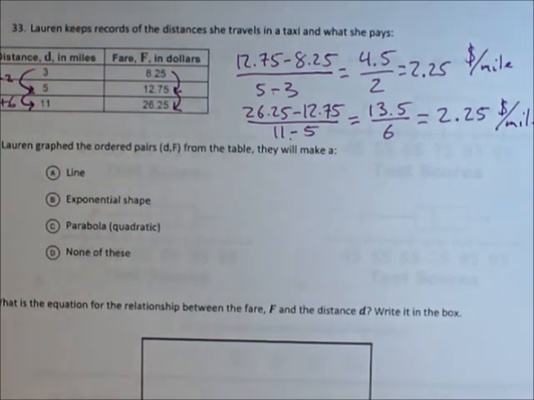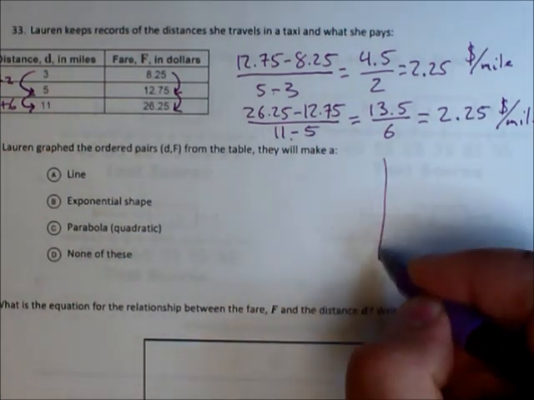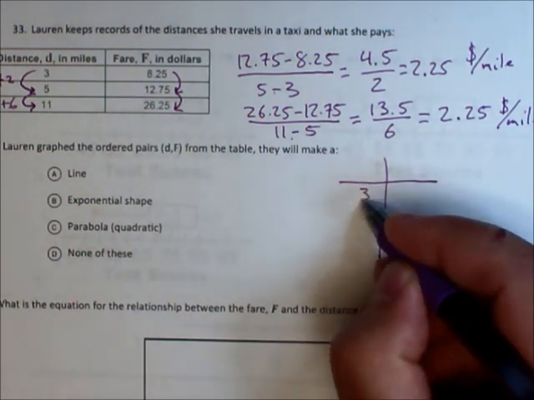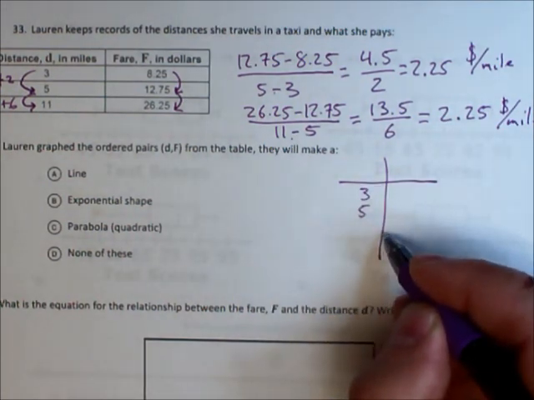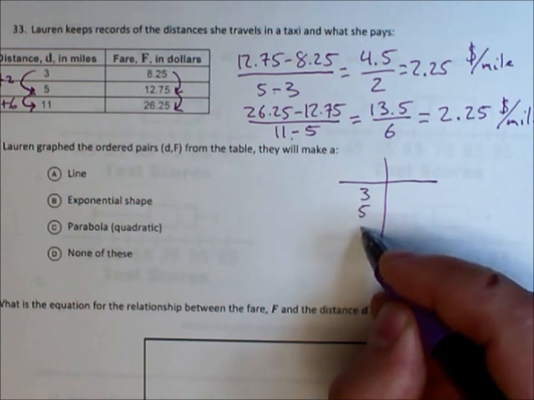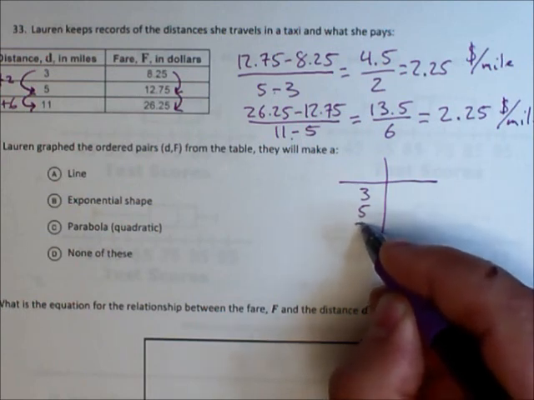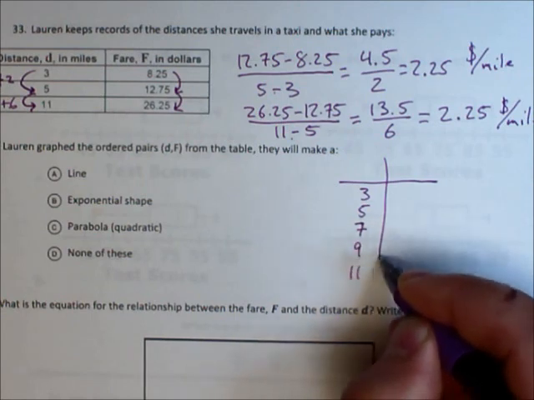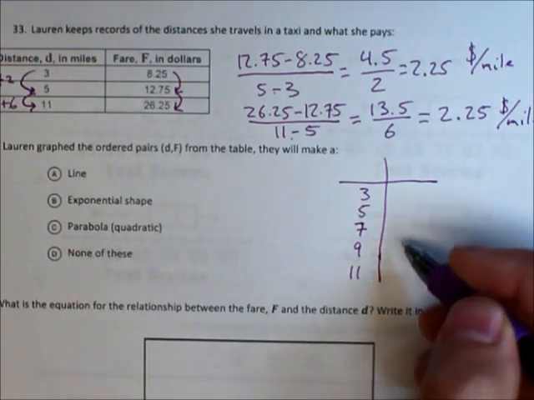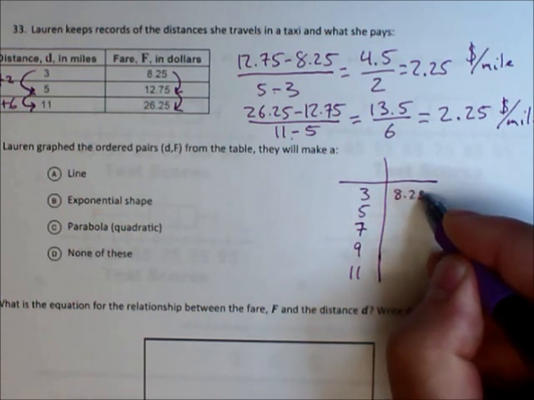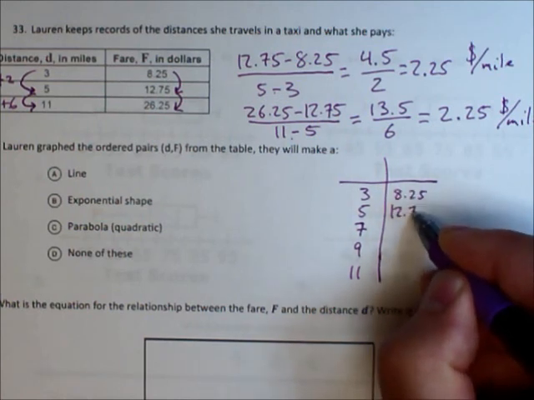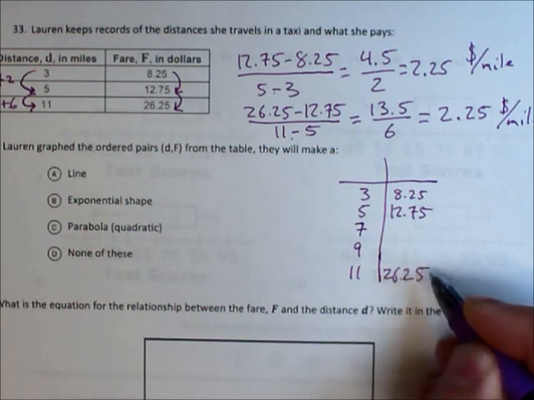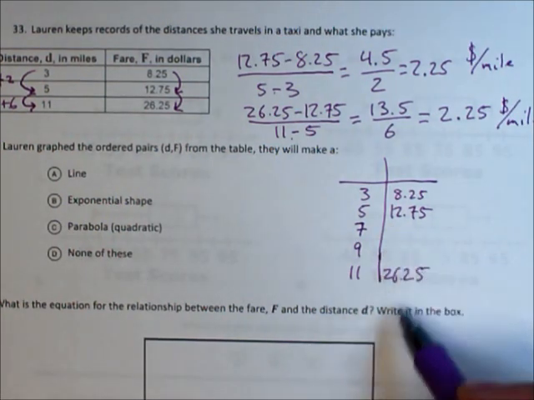Another way that you could deal with this is by filling in the gaps here. So we had 3, 5, and then it jumped to 11. So let's fill this in with equal intervals: 7, 9, 11, with 8.25, 12.75, and 26.25. Now, we didn't know what these middle ones were.